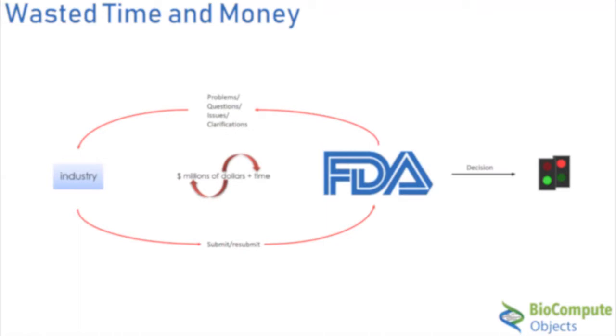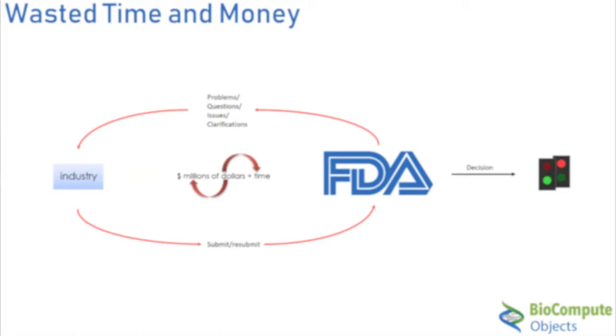And the industry sponsor will then have to figure out what it was that the FDA didn't understand, because this is not a situation where you can sit down next to someone at a computer and just sort of walk them through what you did. Every time this data changes hands, it goes through lots of attorneys. And so this can add months and months of time and millions of dollars. It was at one point estimated maybe $6 million for one of these.